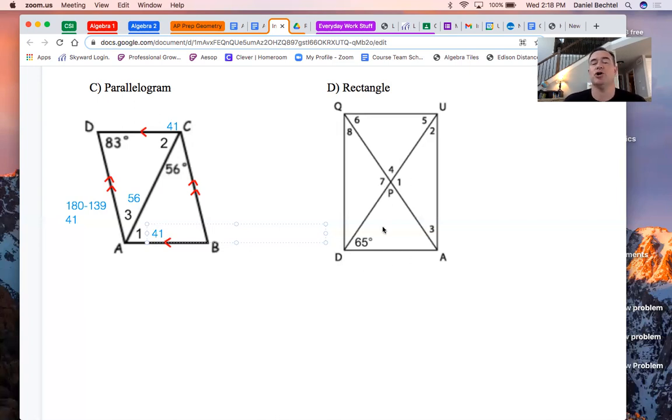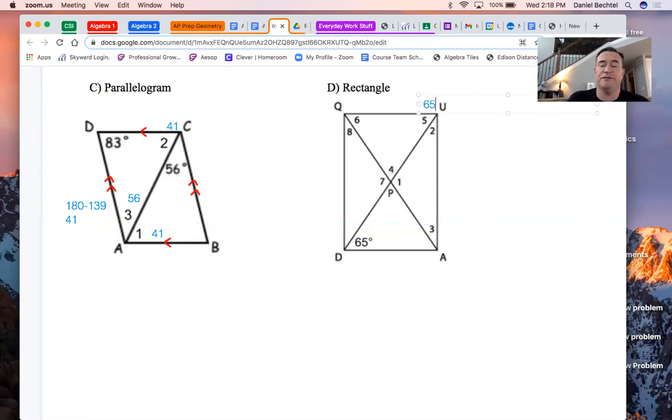So let's start with this 65 and start playing our game all the way through. Here's what I know. If this one's 65, then angle 5 right here also has to be 65 because they're alternate interior angles.